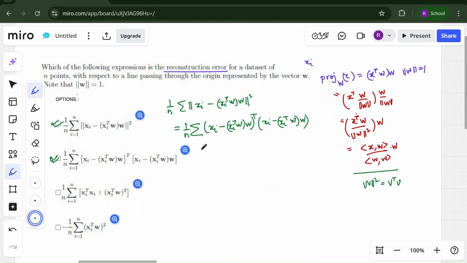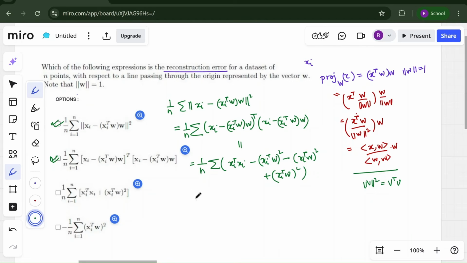Now one more thing. If I expand this, I'll get xi transpose xi, then minus (xi transpose w) whole square, again a minus (xi transpose w) whole square, and then a plus (xi transpose w) whole square.